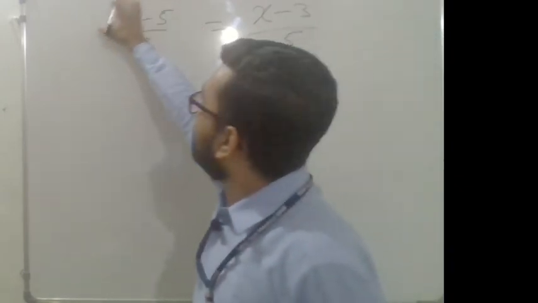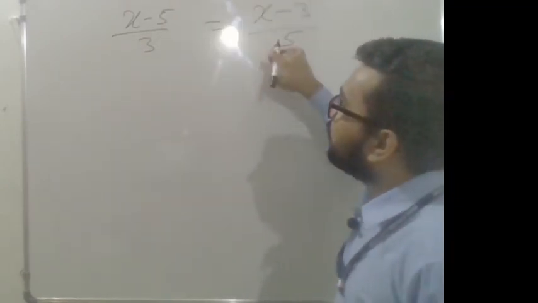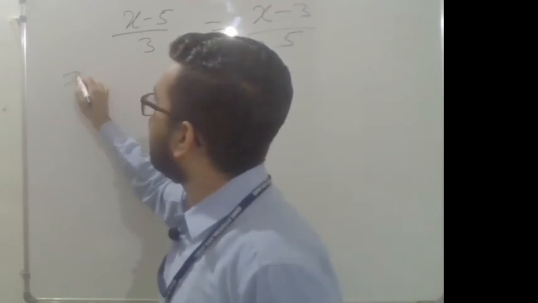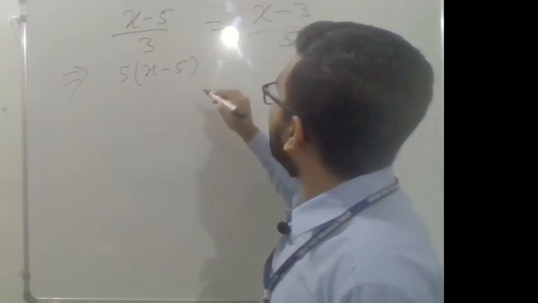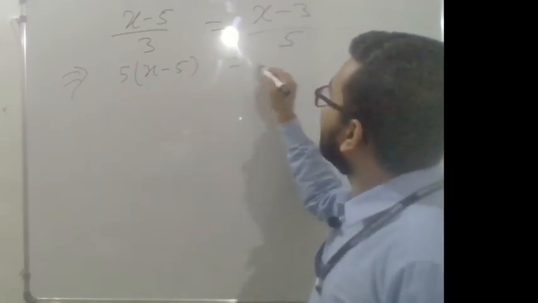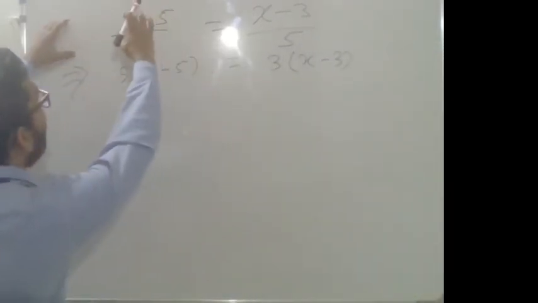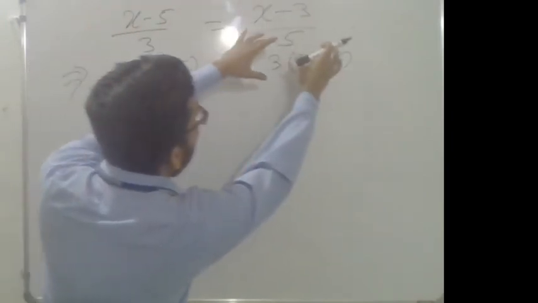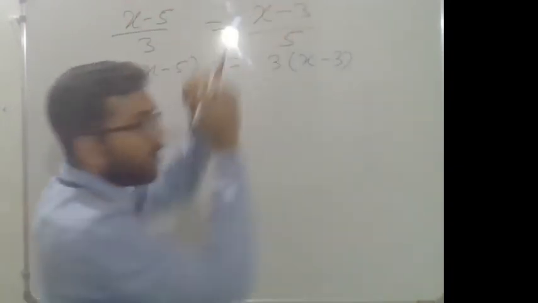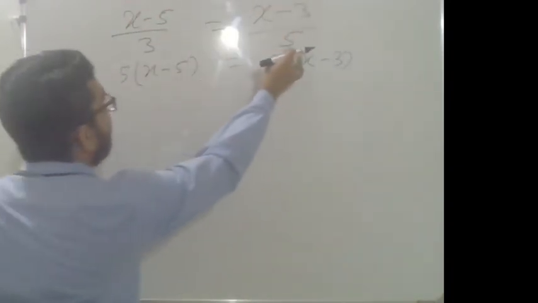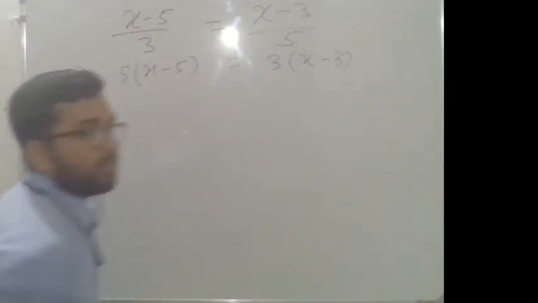Now, there is a single term on the left side and a single term on the right side. Just cross multiply it. When you cross multiply, you multiply the numerator of one side with the denominator of the other. So 5 into x minus 5, and 3 into x minus 3.